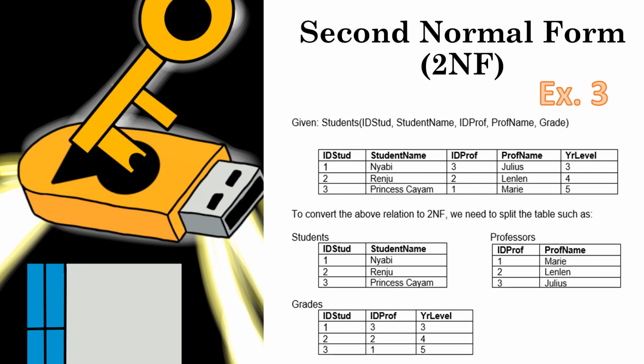So that's how we convert the table into the second normal form. So we need to split the given table and follow the rules mentioned.